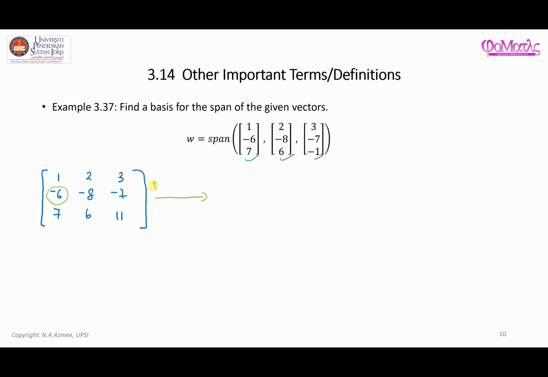Here we will transform the second row plus 6 times the first row, and the result is 1, 2, 3. Here -6 plus 6 is 0, -8 plus 12 is 4, -7 plus 18 is 11.